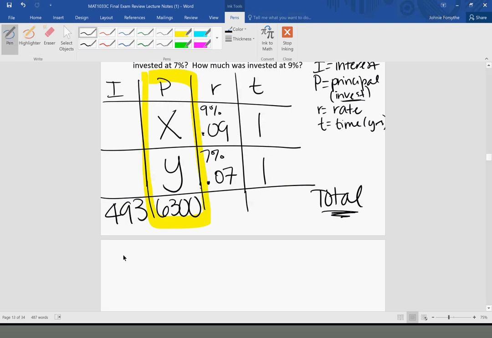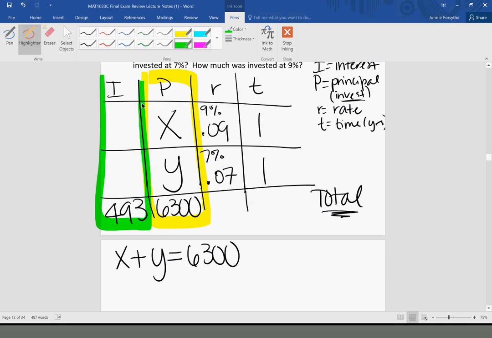So X plus Y equals 6,300. Which makes sense, right? Because if the total amount that he invested was 6,300, we just don't know how much of that went to the 9% and how much of that went to, excuse me, the 7%. But now we need something in this column.